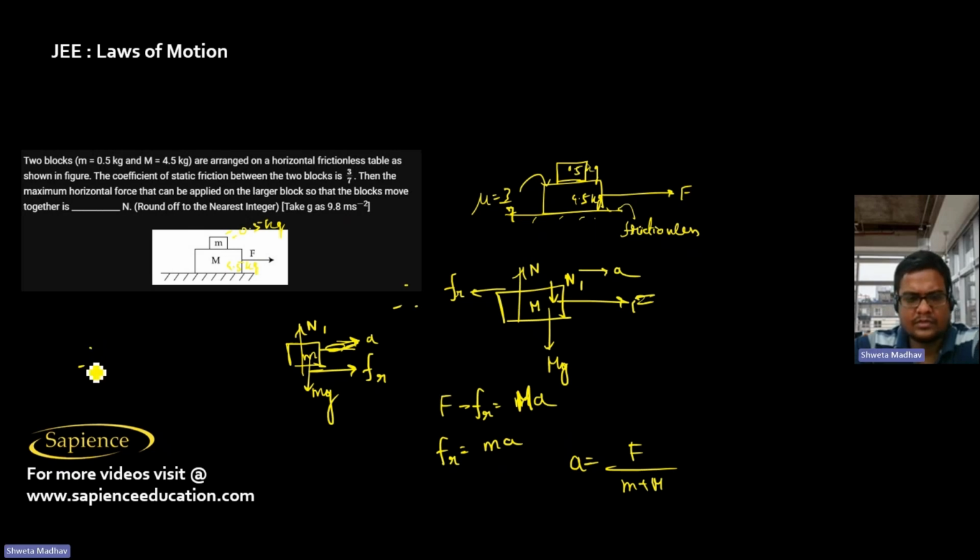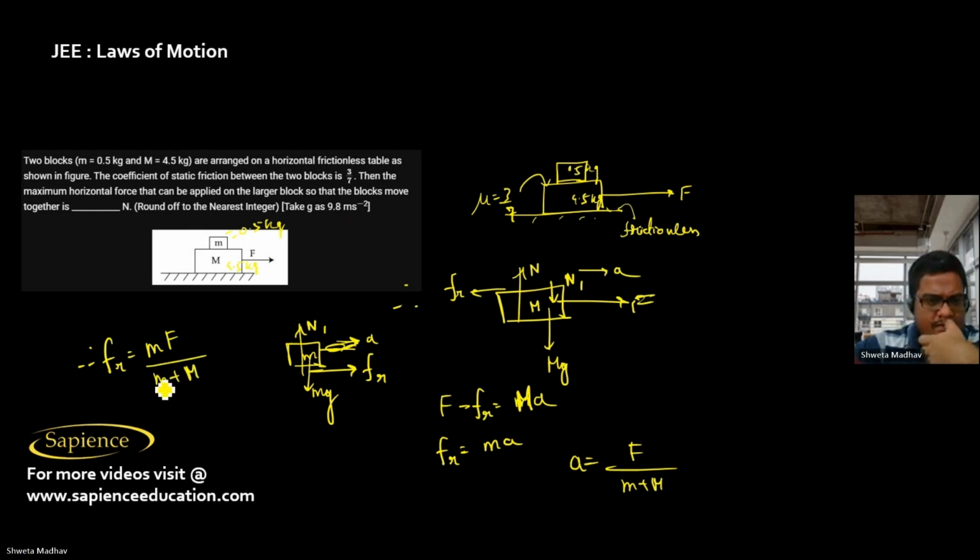Therefore the frictional force should be mF by (m plus M). And this frictional force should be less than or equal to mu N1, and here N1 will be equal to mg.